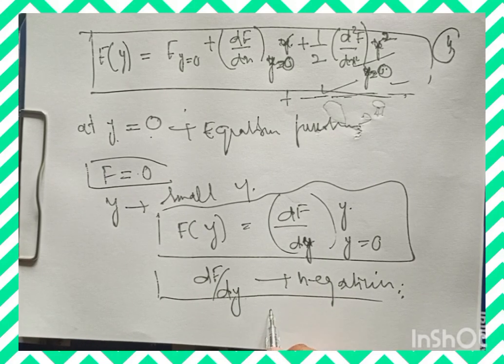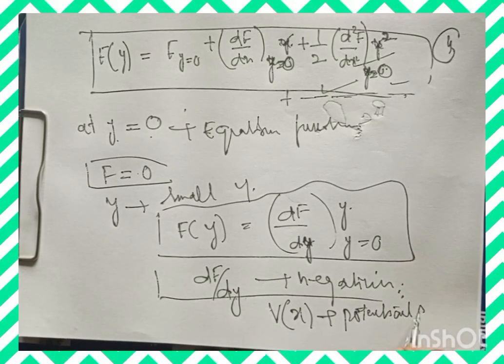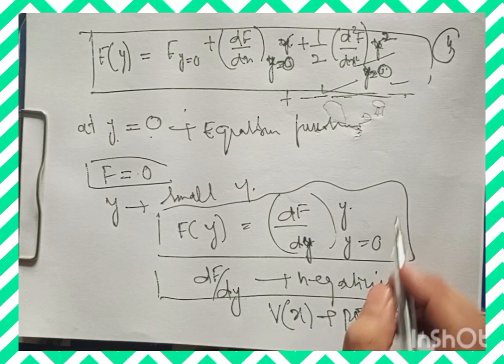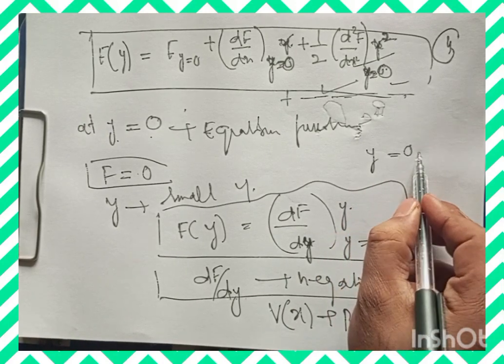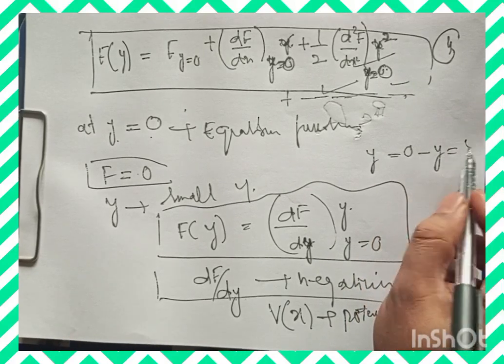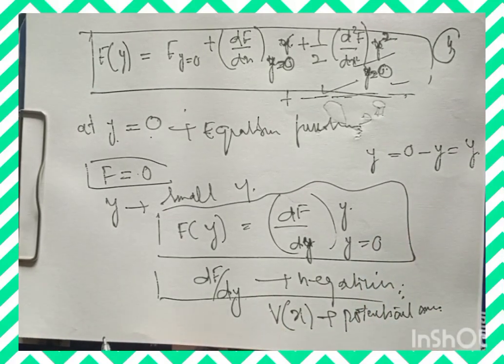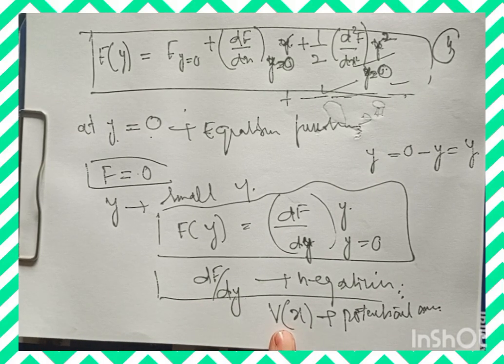If I choose that potential energy as V of x, I can think of the potential energy that corresponds to this Hooke's law, and we are in a position to calculate the work needed to bring this particle from y equal to 0 to y equal to y against such force.